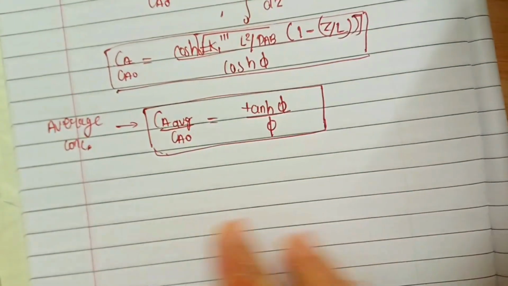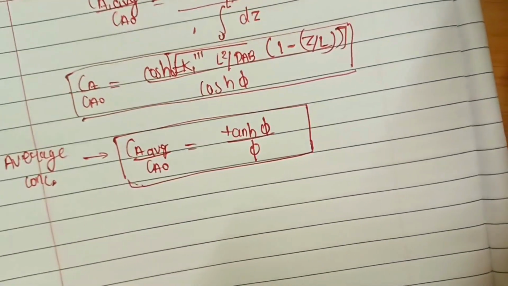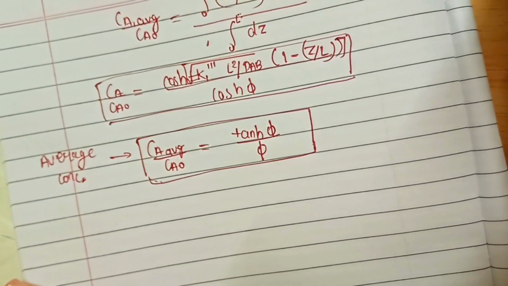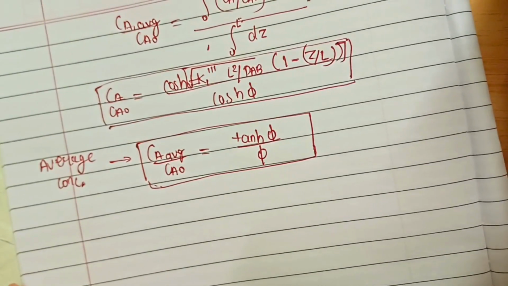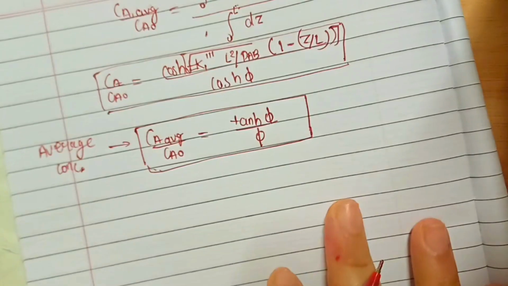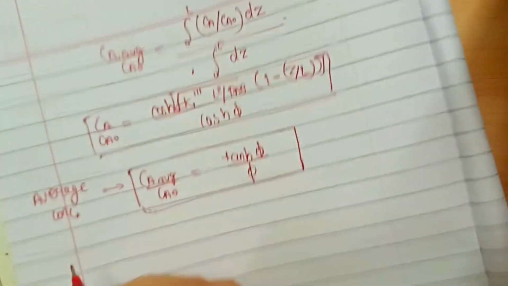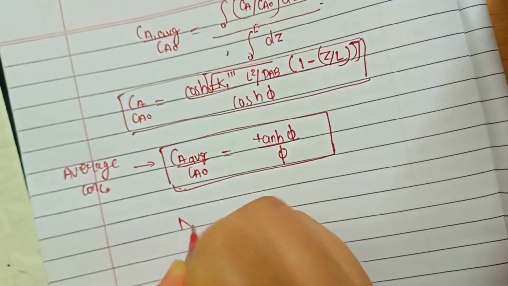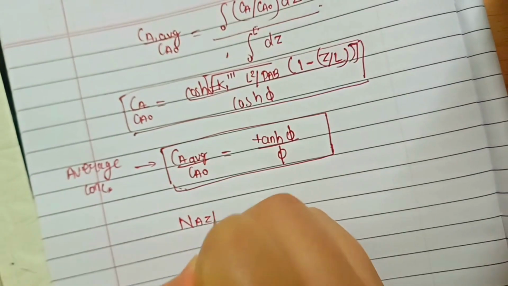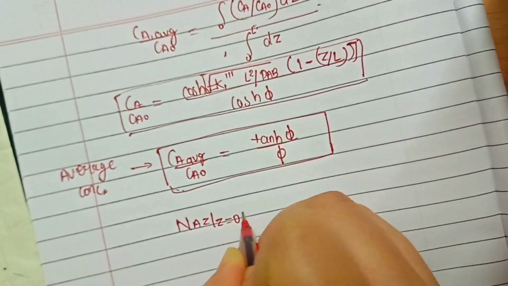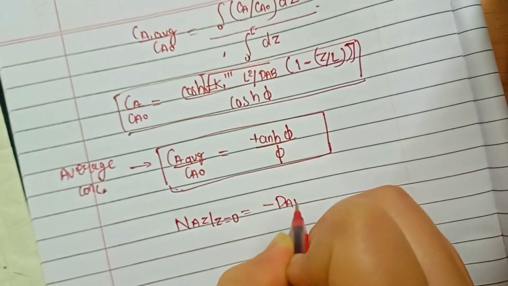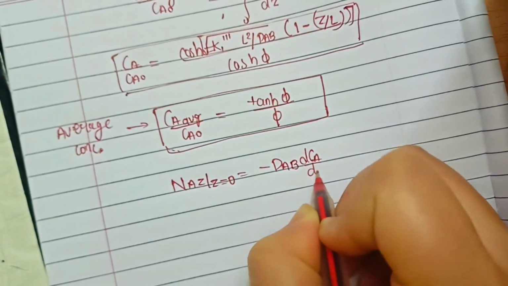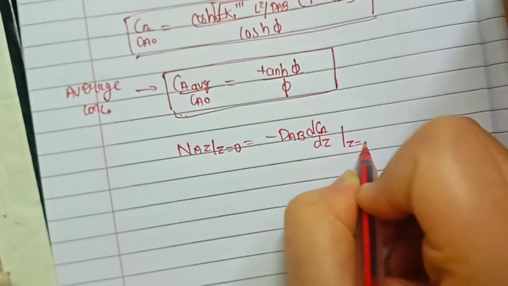Moving forward, we need to find the molar flux as well, because it was also included in the objective of our question. So to get the molar flux, we know NAz at z equals 0 equals minus DAB dCA by dz at z equals 0.